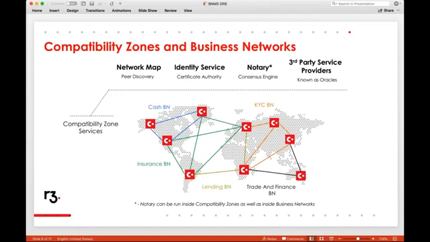So, for example, on this slide, imagine that you have a network for lending, with some transactions which need to happen for lending, and some transactions for insurance. The requirements to join the insurance network and transact inside it would be completely different from the requirements for a party to transact inside the lending network. For example, the KYC process they would have to go through to be able to transact these assets would be completely different. Does it make sense?